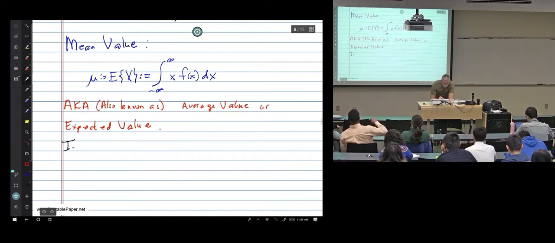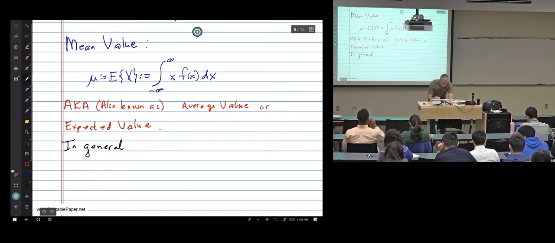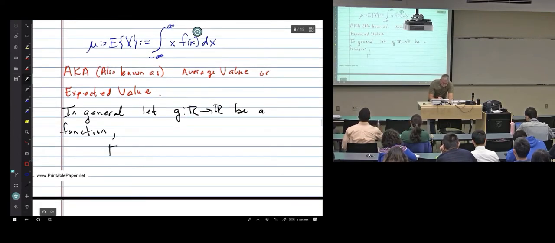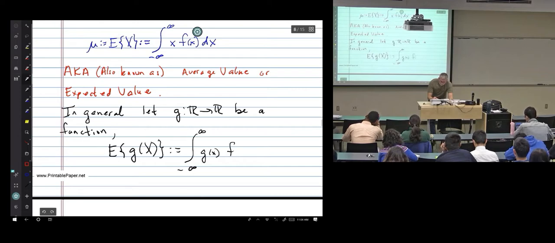In general, let g, taking R to R, be a function. The expected value of g applied to your random variable, all it means is you integrate g of x against the density.